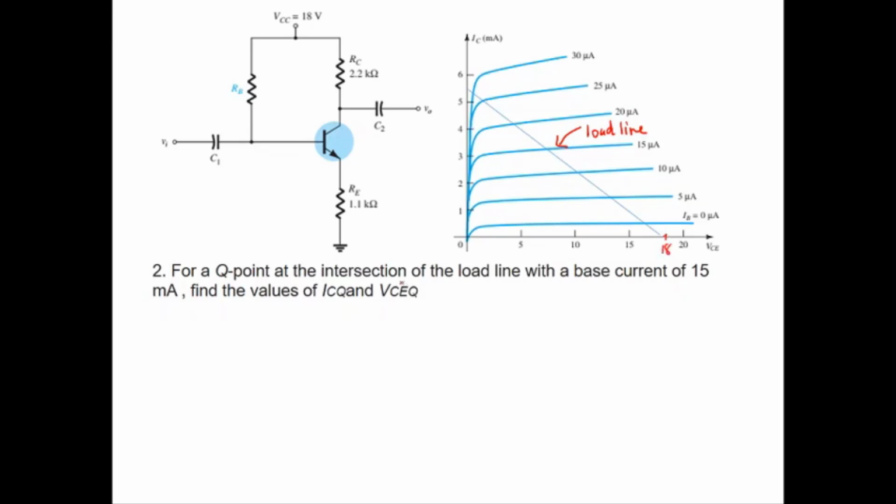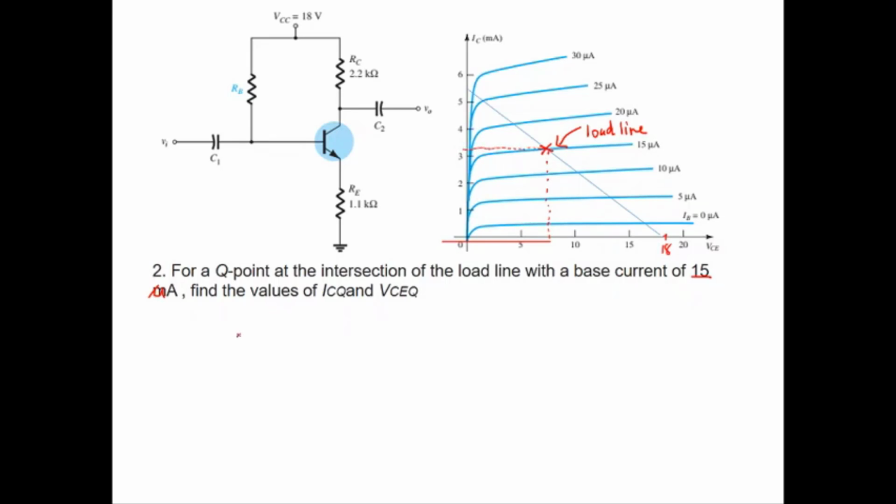So Q point intersecting of the load line with a base current of 15. Actually, this one is micro, because the base current is 15 microampere. So identify where is the 15 microampere. The intersection is here. So now you can get the value.